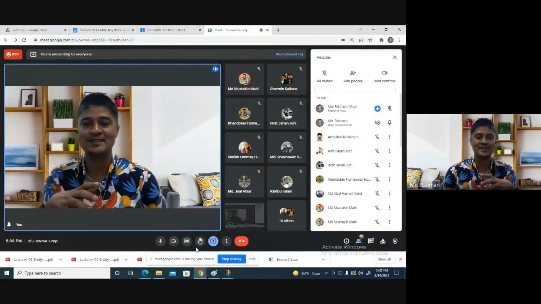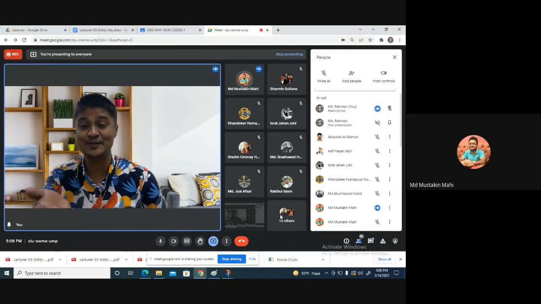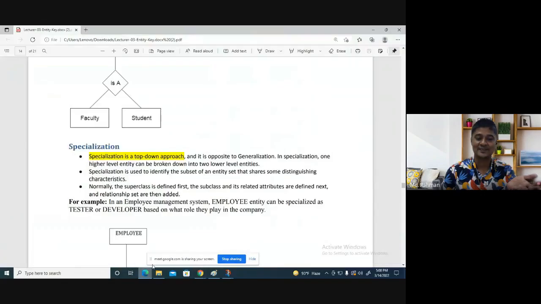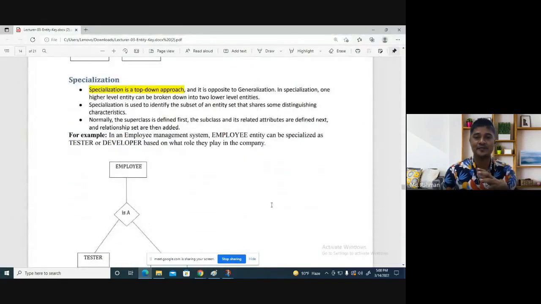If you know the generalization, the opposite one is specialization. In specialization, one higher-level entity can be broken down into two lower-level entities, right?